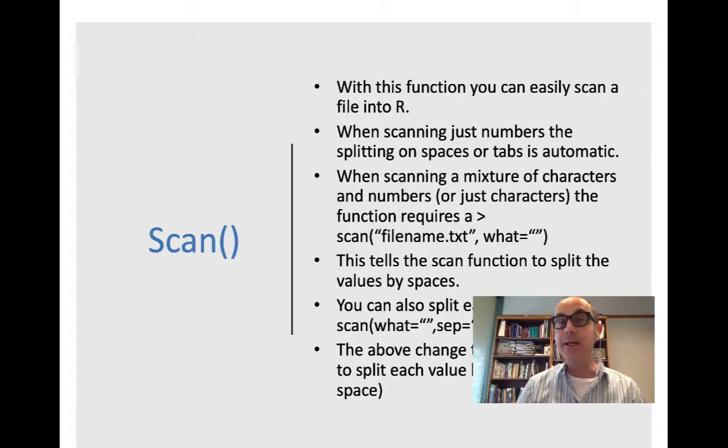Scan is a function with which you can easily scan a file into R. You need to have the name of the text file and what you're going to do with it.